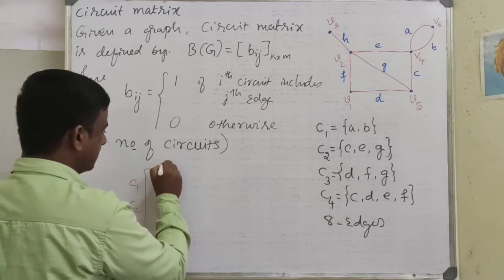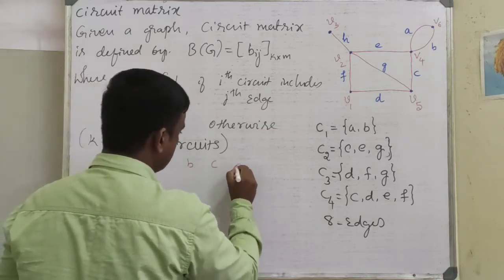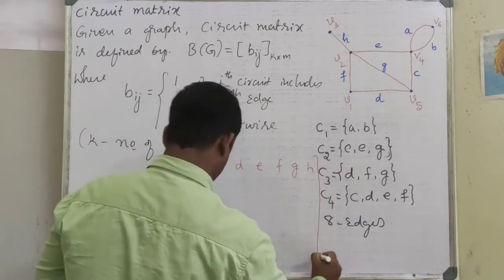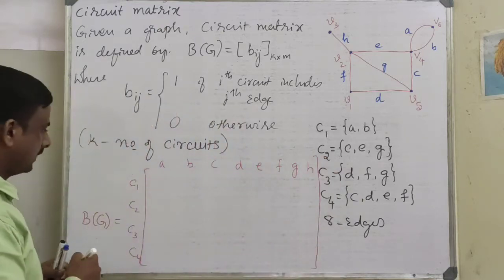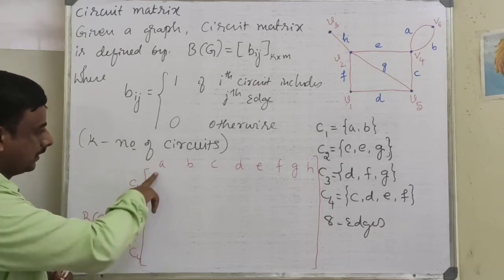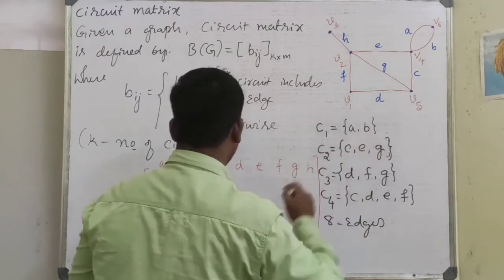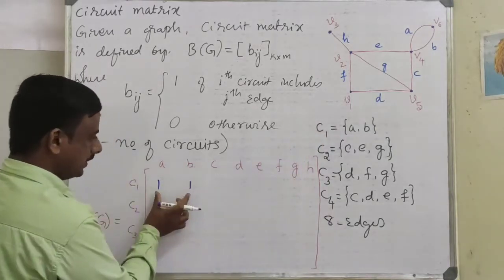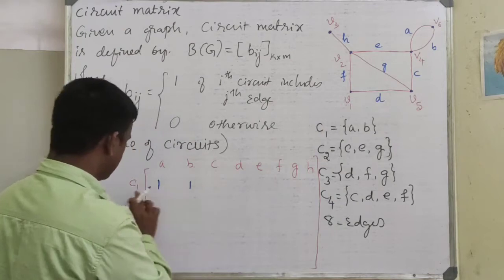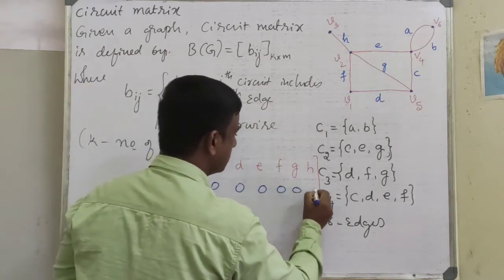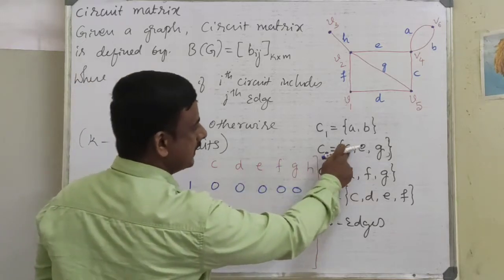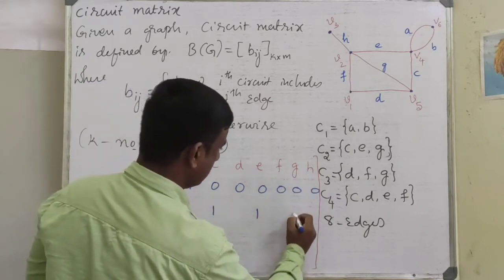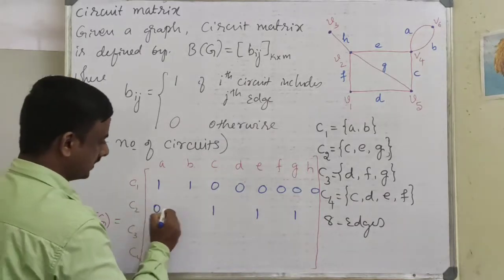Columns represent edges: A, B, C, D, E, F, G, H. Now C1 has A and B, so write 1 only at A and B. A and B are included in C1, so I write 1 for A and B. No other edge is in C1, so 0 0 0 0 0 0. Similarly C2 has C, E, G. Only these 3 are in C2, so the rest are 0.